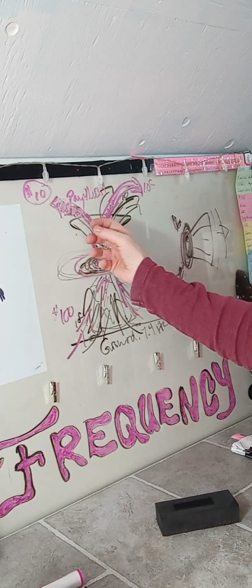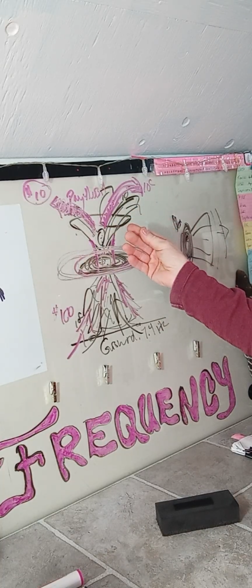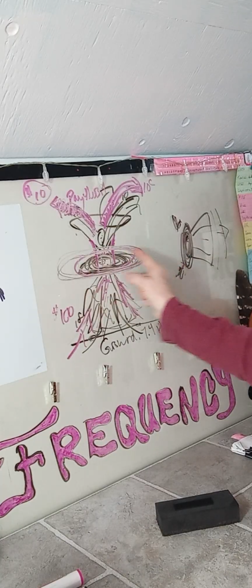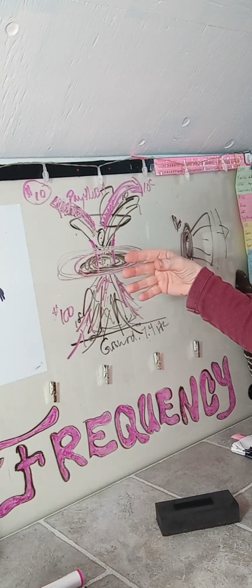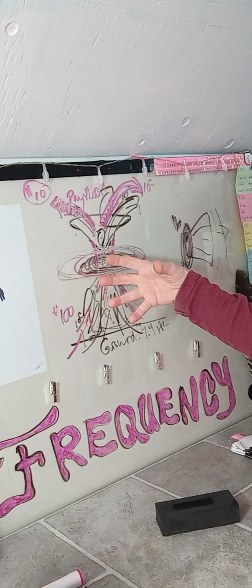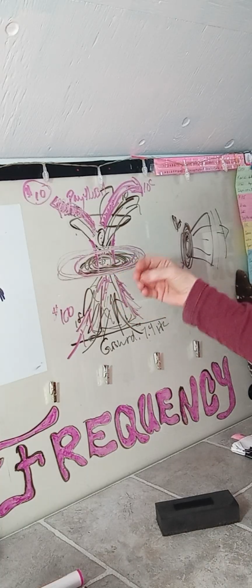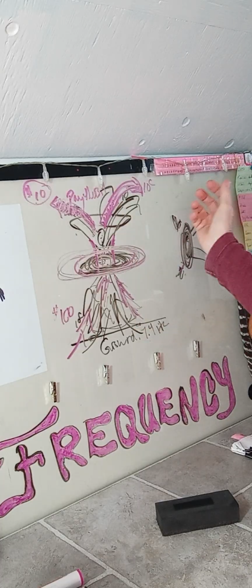So wrapping your outgoing with love and gratitude and appreciation is what makes this electromagnetic field bigger, stronger, more capable. It opens the funnel wider and allows a larger volume to come in and replace what you put out.